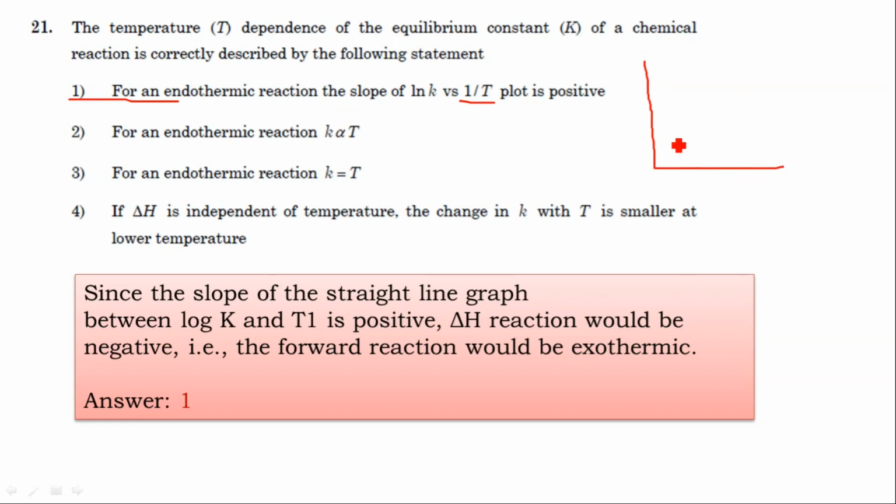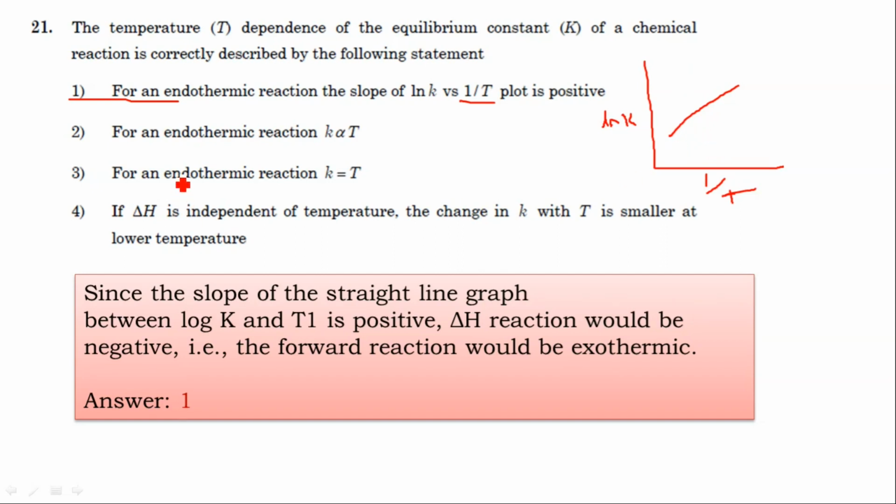If you plot ln K on the y-axis and 1 by temperature on the x-axis, you will get a positive slope for an endothermic reaction.